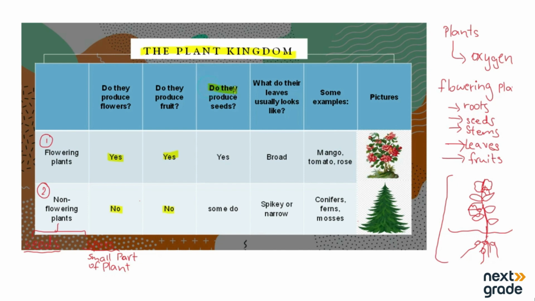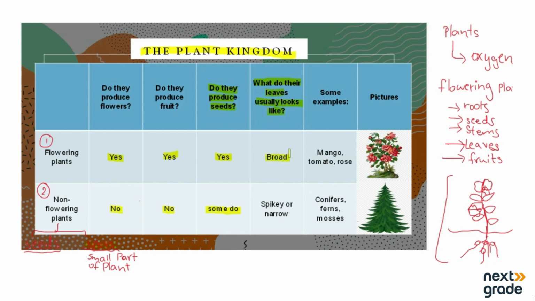Next question we have, do they produce seeds? Yes, in flowering plants, and in non-flowering plants, some of the plants do produce the seeds, and some use other methods of reproduction like fragmentation, or through the spores. Next question is, what do their leaves usually look like? ठीक है, उनके leaves देखने में किस तरह के होते हैं?